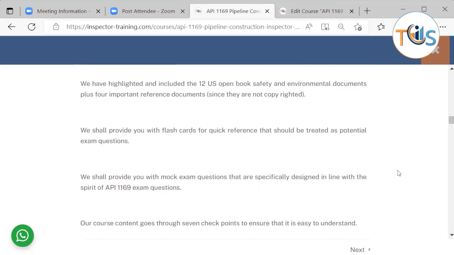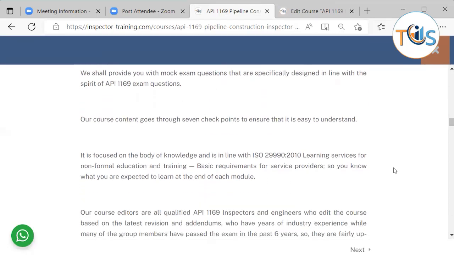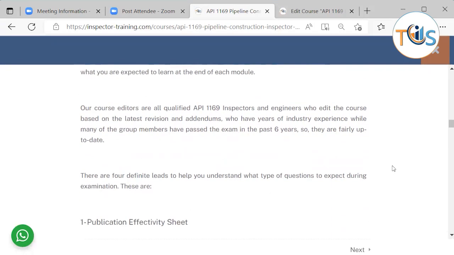We shall provide you with mock exam questions that are specifically designed in line with the spirit of API 1169 exam questions. Our course content goes through 7 checkpoints to ensure that it is easy to understand. It is focused on the body of knowledge and is in line with ISO 29990, Learning services for non-formal education and training, basic requirements for service providers, so you know what you are expected to learn at the end of each module.